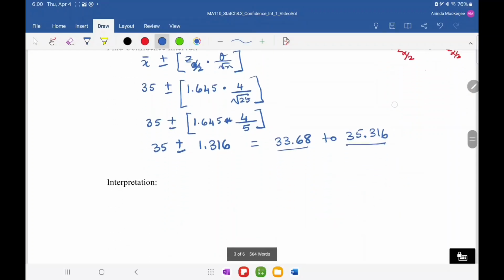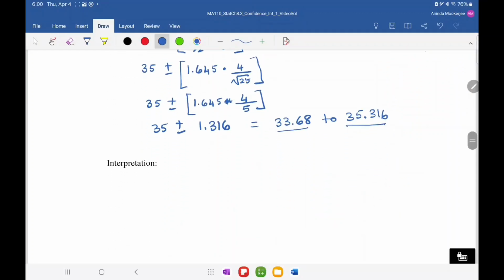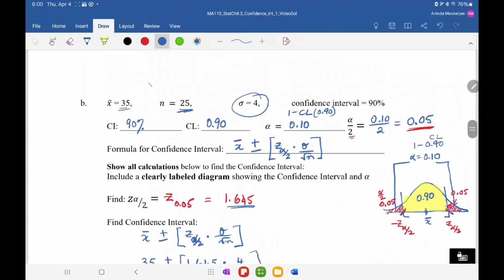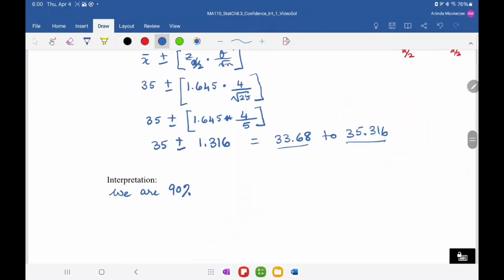And then finally, we have to write the interpretation in the expected form. So we're going to write it as we are 95%, sorry, this is a 90% confidence interval, isn't it? Yeah, it's a 90% confidence interval. So make sure you write that correctly.